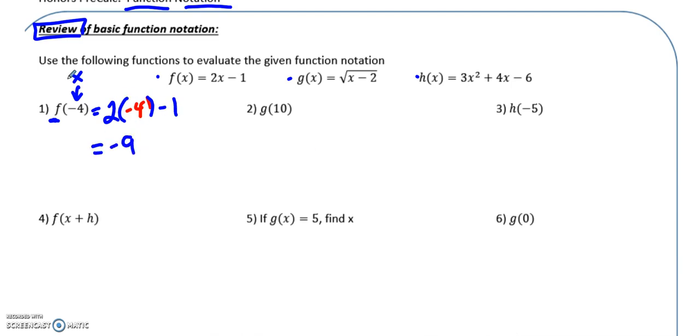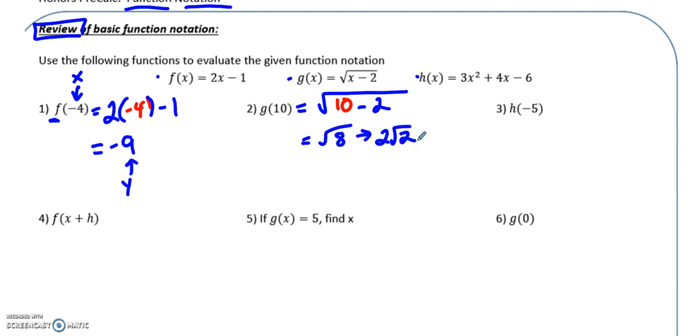I'm just putting in an input of x, and I'm really getting an output of some sort of y value coming out of that function. g of 10, much along the same lines, is the square root of, replace the x with 10, and then -2, which we know is the square root of 8, which we've seen a lot of times, reduces down to 2 root 2. h of -5, same idea.